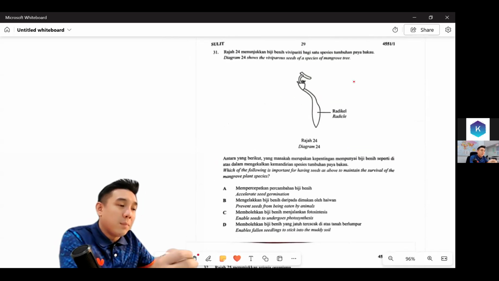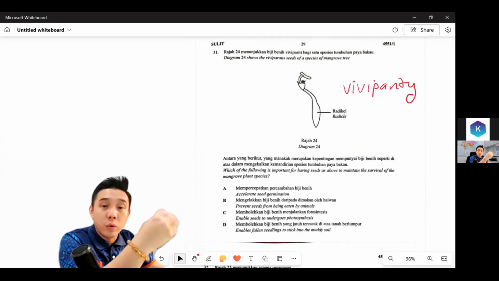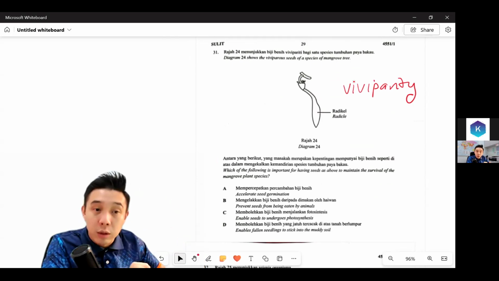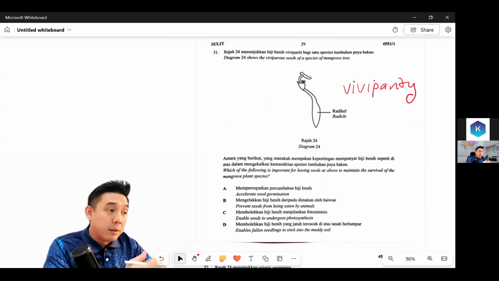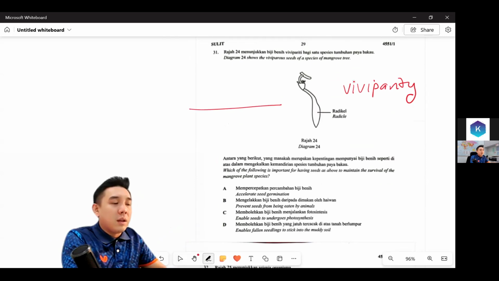This is viviparity. Viviparity is whereby the seed germinates while still attached to the plant. Why? Because the soil is very muddy in the mangrove area, terlalu berlumpur.